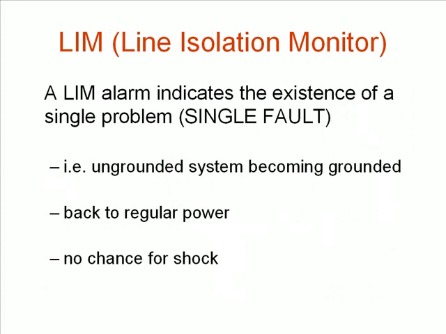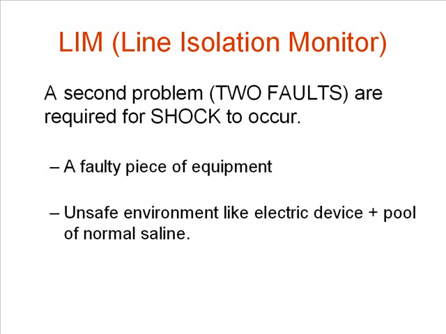So a line isolation monitor alarm indicates the existence of a single problem, a single fault, that an ungrounded system is being grounded, that you're back to the regular power situation in this case. There's no longer isolation, but there's still no chance for a shock in this case because you're back to the original grounded system should this kind of single fault condition occur.